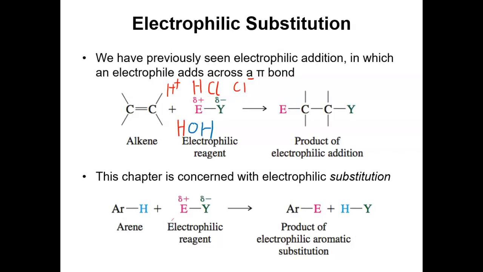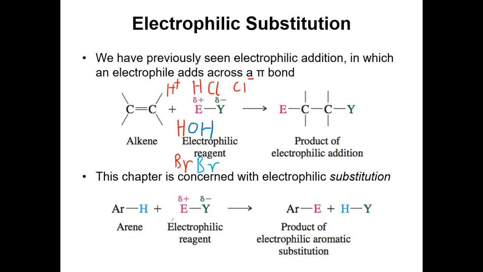The proton part is the electrophilic part, the hydroxide part is the nucleophilic part. And I hope you recall that a halogen can also be a reagent. Say Br2: the bromine molecule can be considered a combination of bromonium cation and bromide anion. So this is the electrophilic part and the nucleophilic part.